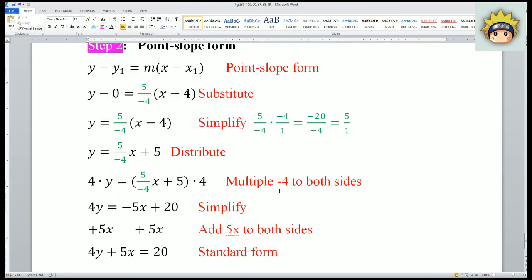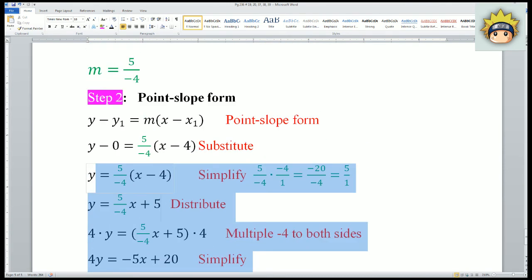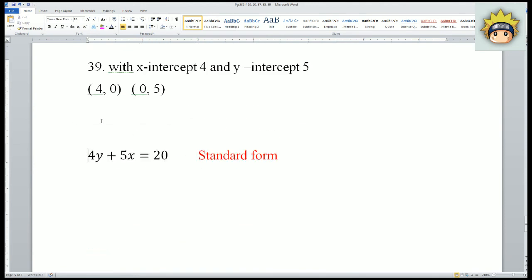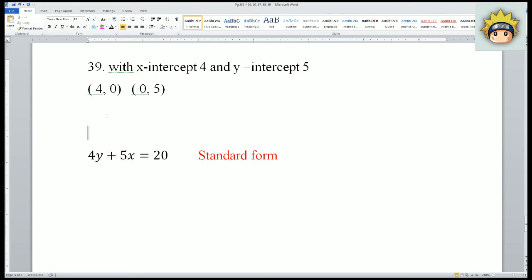There you go. I'm going to show you a trick. Watch this. I'm just going to take this whole thing out. Remember the formula of standard form. Standard form always looks like this: ax plus by.